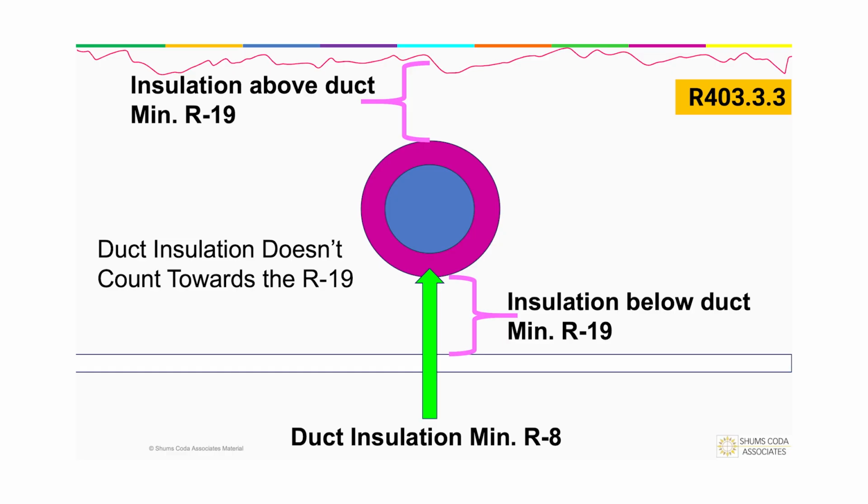So this is what they are asking for. Here's our ductwork. Here is our gyp board. From here to here, we have to have at least an R19 below the ductwork. That does not mean this duct rests on top of the gyp board and everything surrounds it. It has to have at least an R19 below it.